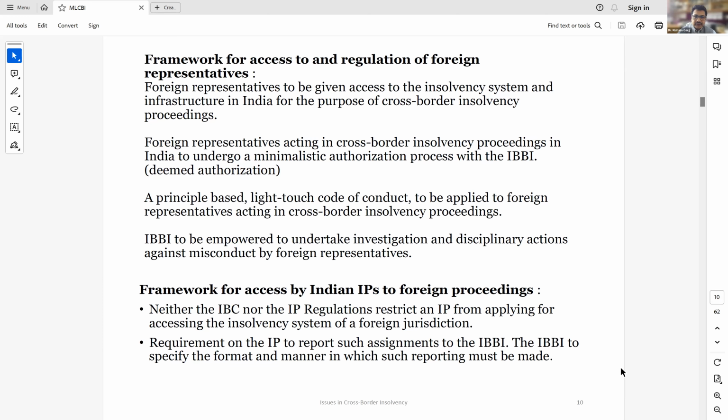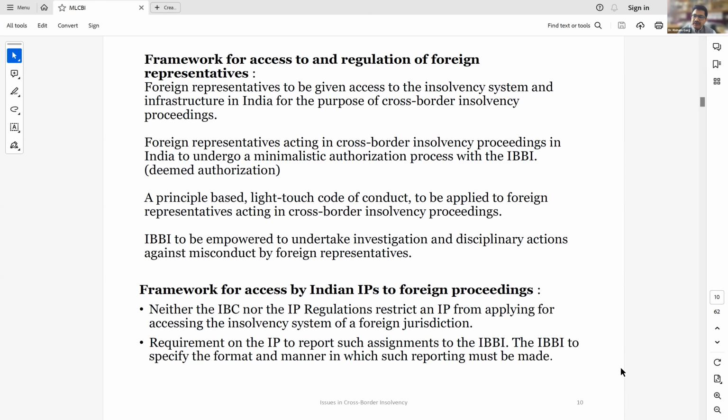Then the regulations also provide that a principle-based, light touch code of conduct is to be applied to the foreign representatives acting in the cross-border insolvency proceedings. The board will also be empowered to undertake investigation and disciplinary action against misconduct by the foreign representatives.